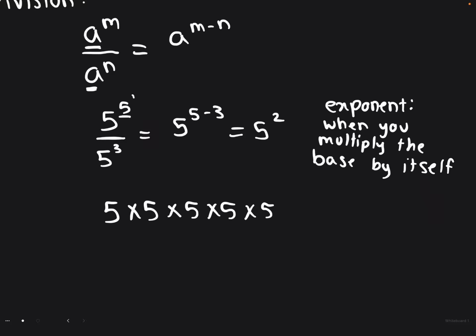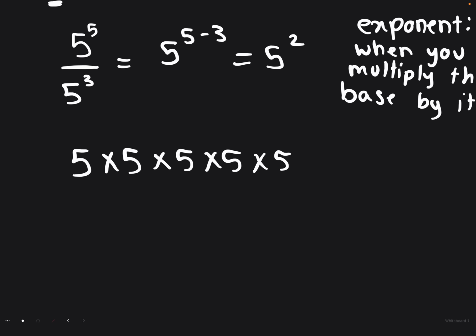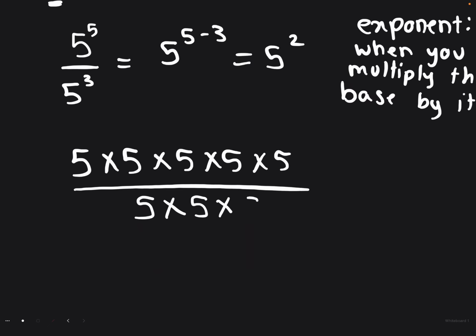The exponent itself tells you how many times the base is being multiplied by itself. So over here, the base is being multiplied by itself 5 times. So here we multiply the base 5 times, but now we have to divide it. So we can write it like this, 5 into 5.